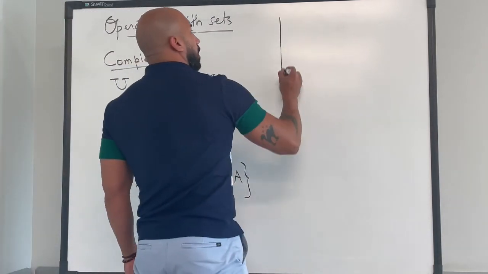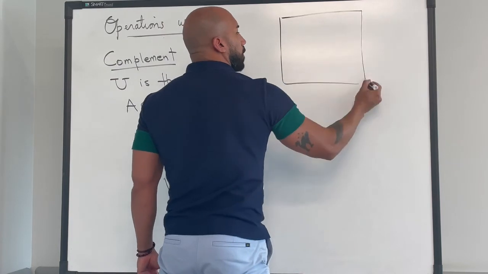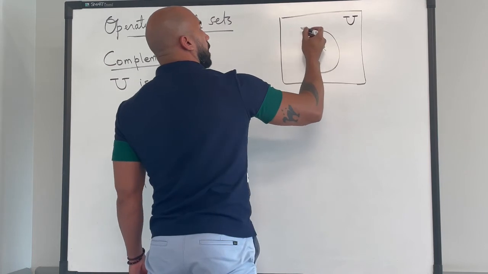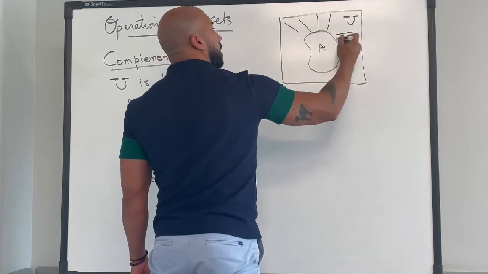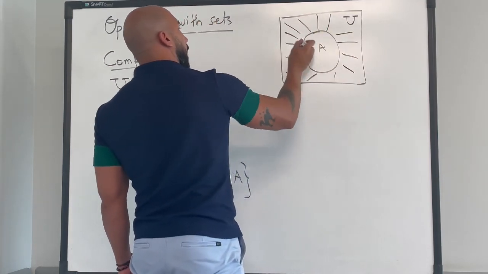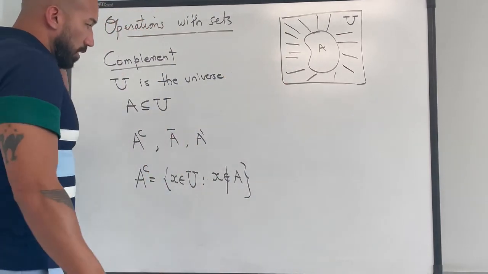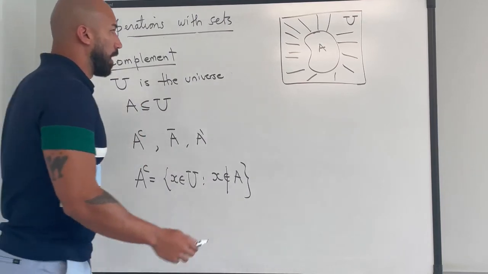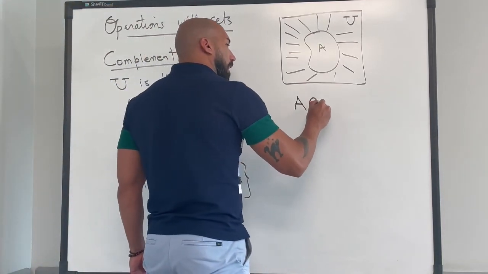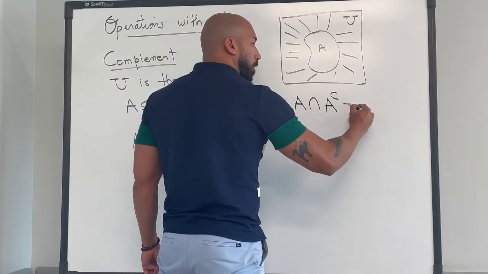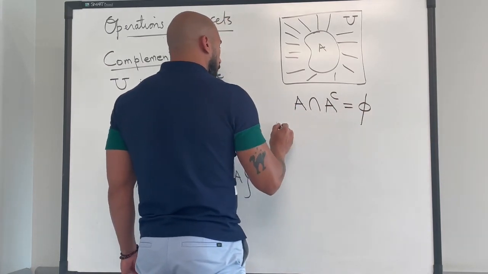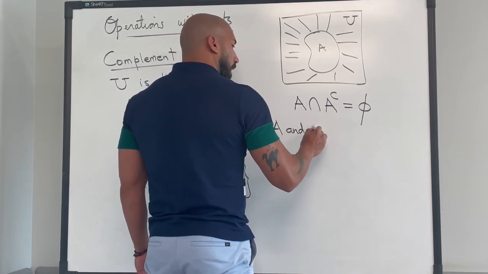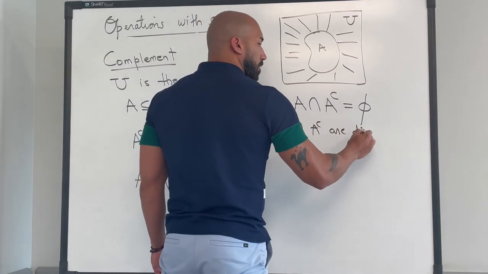So if we do a Venn diagram for this, if this is A, the complement is going to be on this. So obviously, since an element cannot be in A and outside A at the same time, a basic property here is that A intersection A complement is empty. So this means that A and A complement are disjoint.